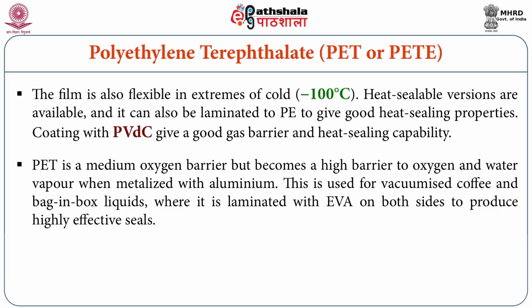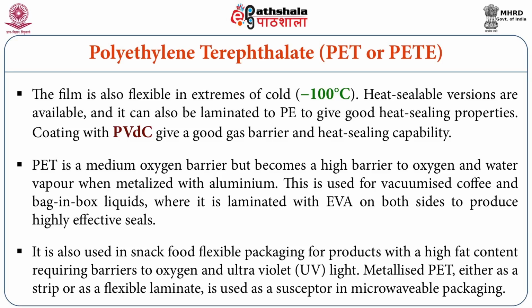This is used for vacuumized coffee and bag in box liquids, where it is laminated with EVA on both sides to produce highly effective seals. It is also used in snack foods flexible packaging for products with a high fat content requiring barrier to oxygen and UV light.